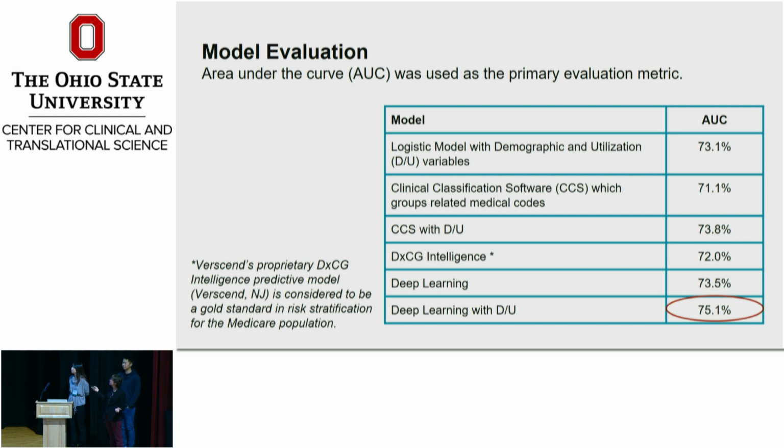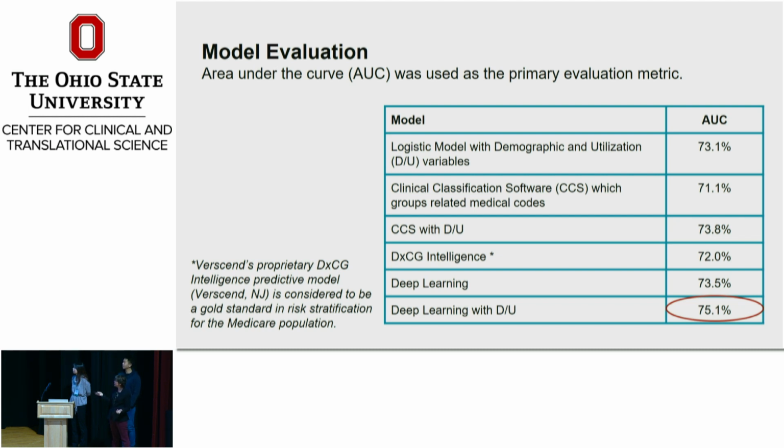The area under the curve is 73%, and the little bit smaller area under the curve was using the clinical classification software, which is group-related medical codes that is traditionally used for risk stratification. And then the DXCG intelligence is another proprietary model that's used by PFK currently and other health insurance and health systems to do risk stratification.